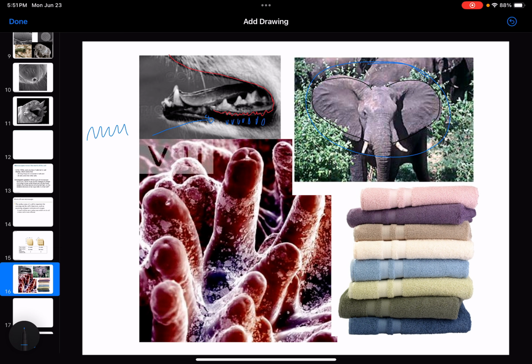Okay, here's another example of wiggly structures. You're looking at it in the lower left hand. You're looking at the small intestine of an animal, like a human. The small intestine for us is the longest portion of our intestine.